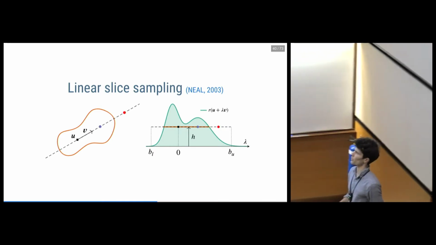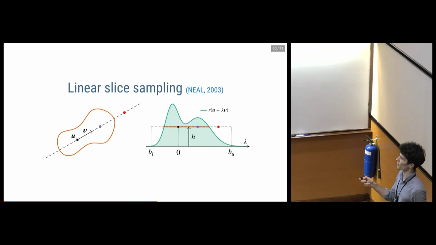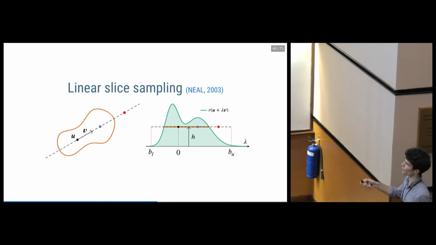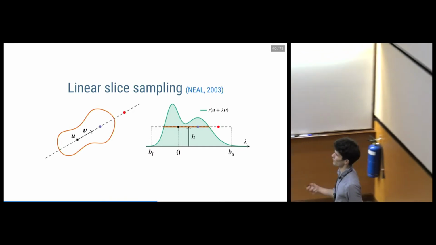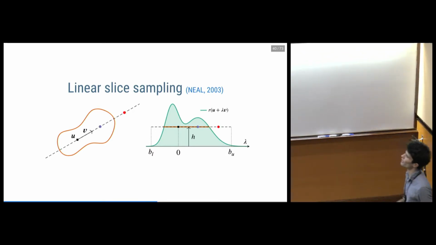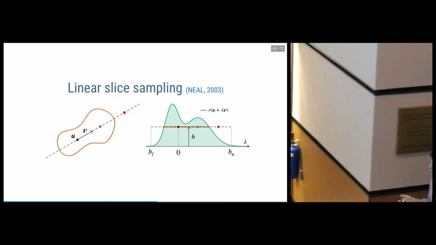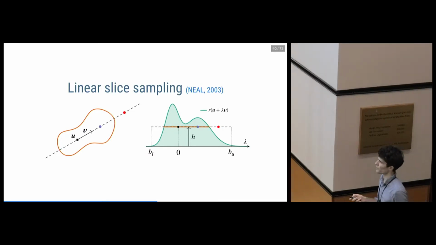If we'd misspecified this initial size quite badly, it would much more quickly bring us outside of the slice, and so we would be more efficient because we're requiring fewer density evaluations. So there is a valid way of constructing that. It's a little bit more subtle to ensure reversibility.